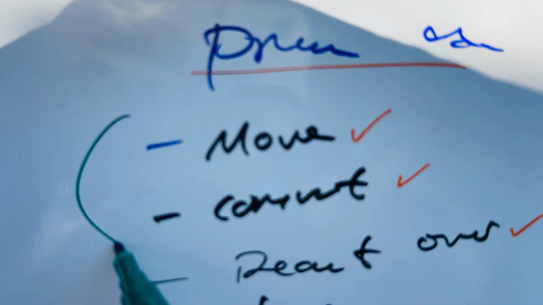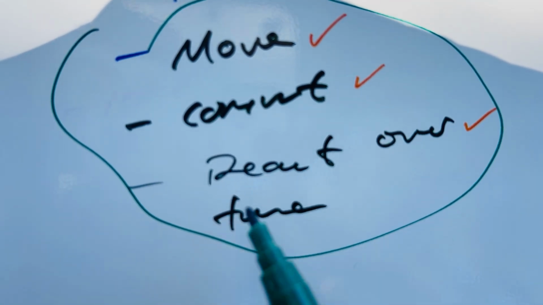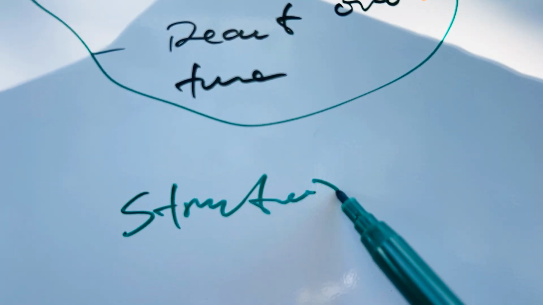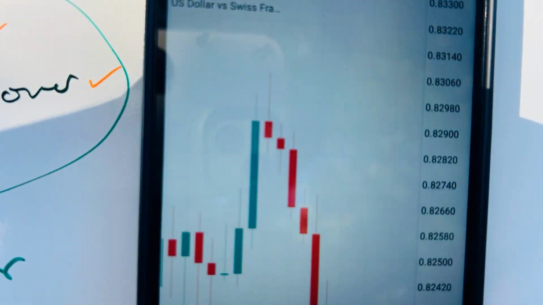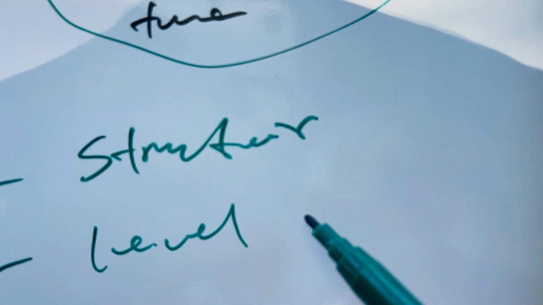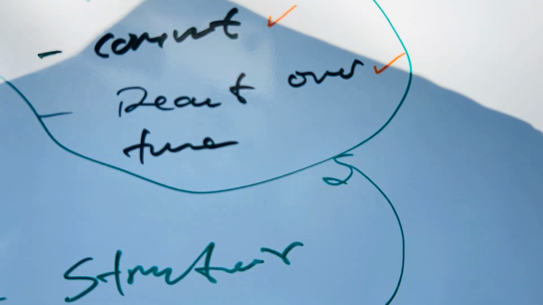Now, when it comes to movement, connection and reaction, we have a structure, which is called market structure. Then we have levels, which are key levels, key zones, key areas, whereby we are looking at where the graph reacts.